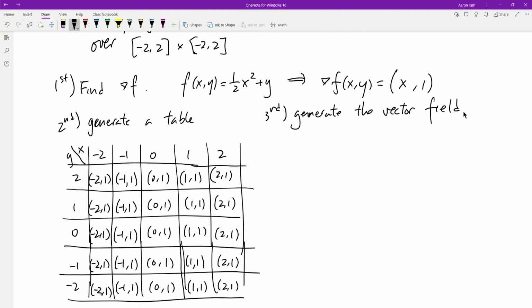Now, when you generate a graph, please make sure you understand the following. Because now you have to draw vectors. A vector conveys two pieces of information. One is obviously the direction, but two is the magnitude, and that has to be drawn properly to indicate the strength of the vector at that point.